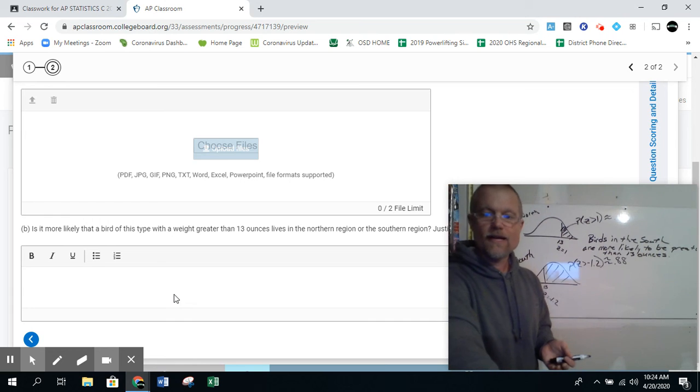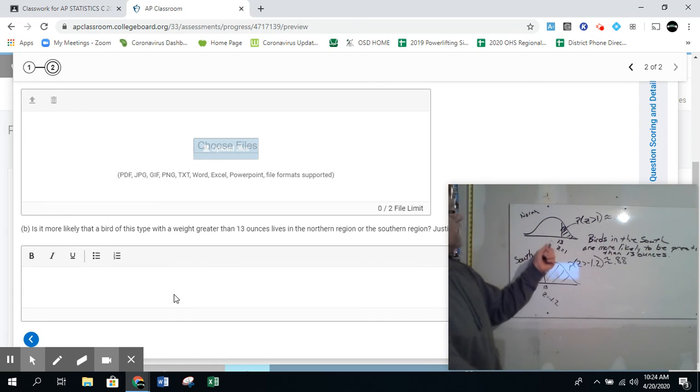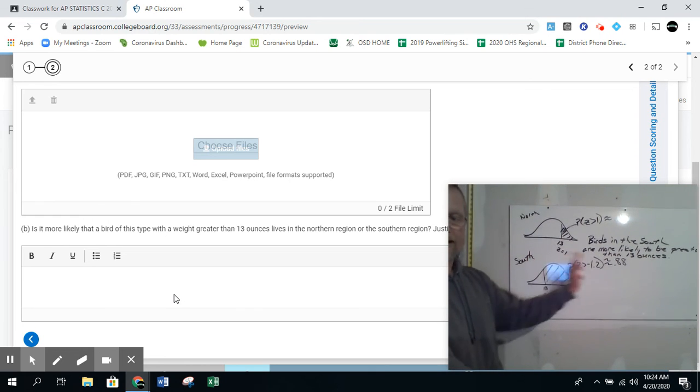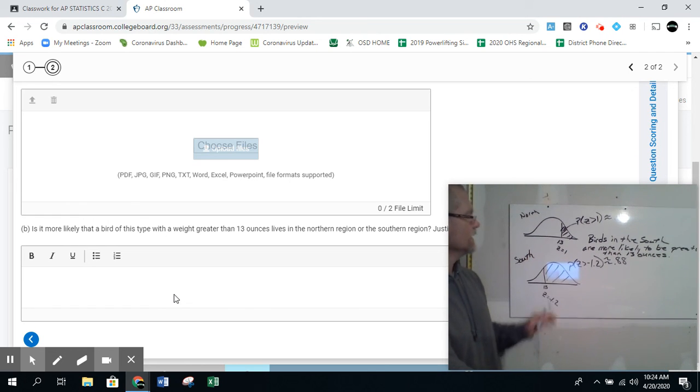Now you don't even have to really get those numbers, because you know that the probability of a z-score being greater than 1 is less than 50%. We know that because it's above the mean. The probability of a z-score being greater than negative 1.2 is more than 50% because it's below the mean. So we know 50% of the data, or more than 50% of the data, is to the right.